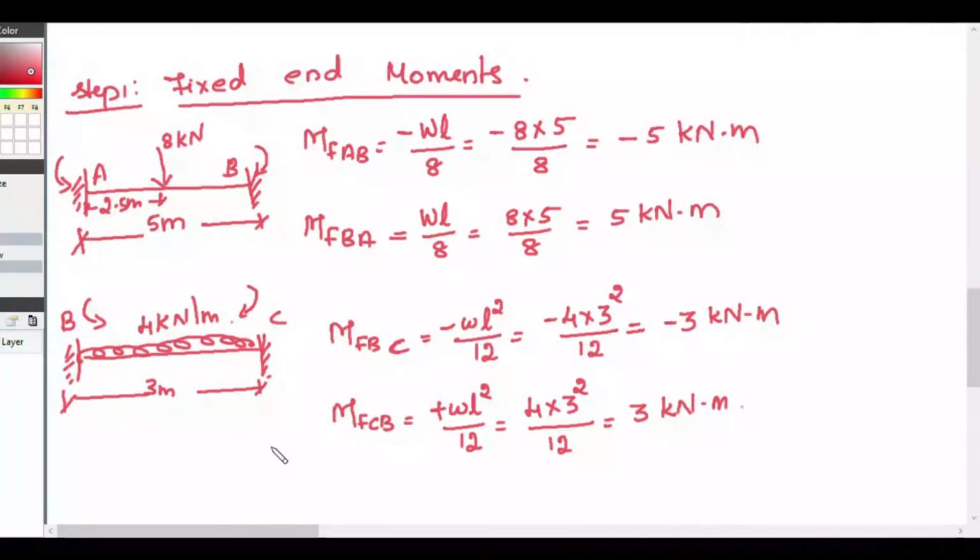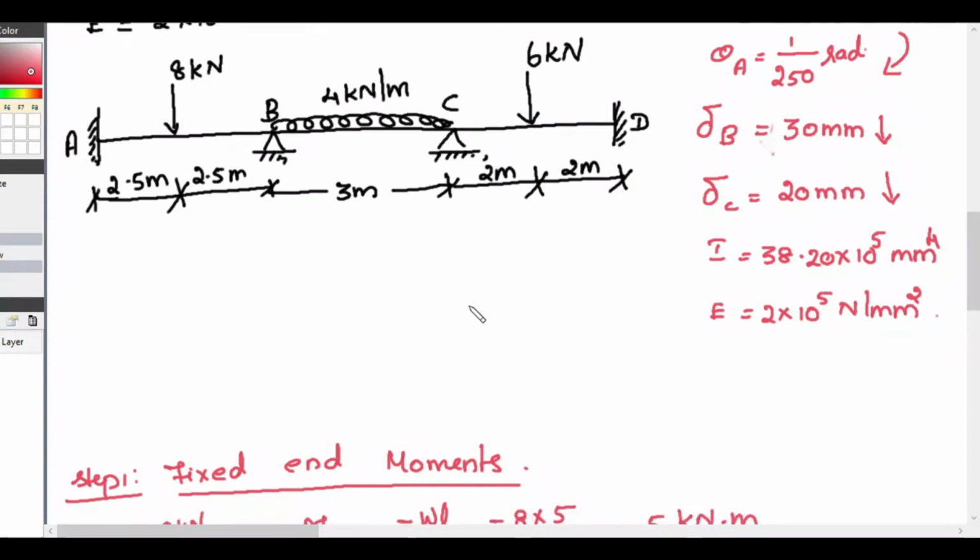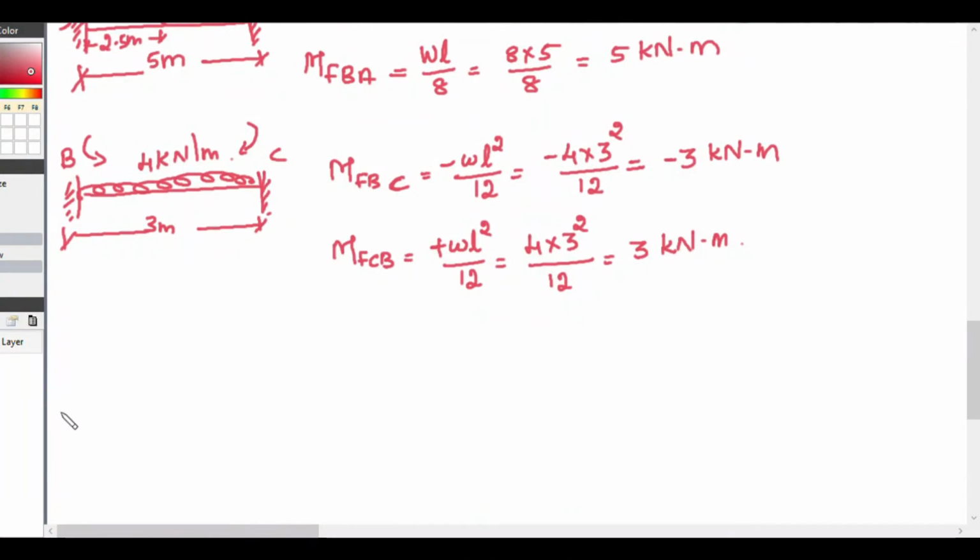Now we will consider the third span. The third span is CD. It is 4 meter long and we have a concentrated load of 6 kilonewton at the center.